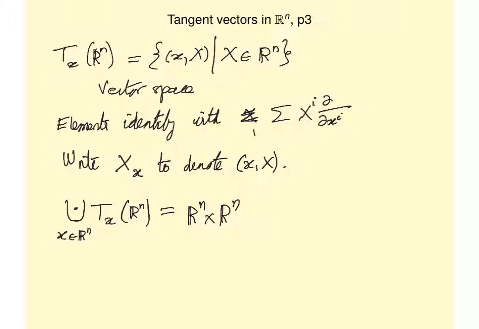And if you like to think of that as R2n, well, that's okay, but actually this factorization is a good thing to keep in mind, because the two factors, the two components, really do play different roles. This is the start point, but the notation or terminology that we'll generally use is that that's the base point, and the other one will be the fiber point. We'll get to that later on.